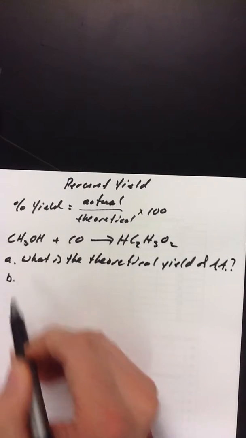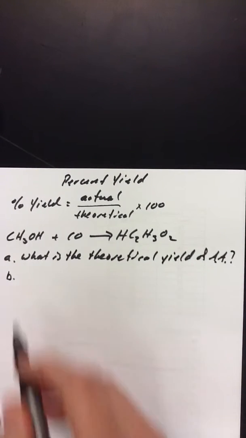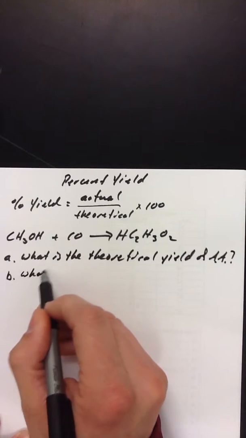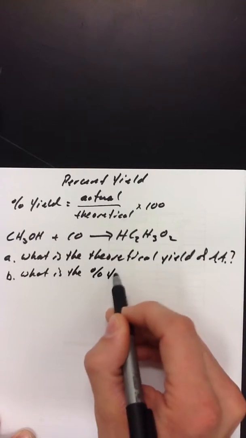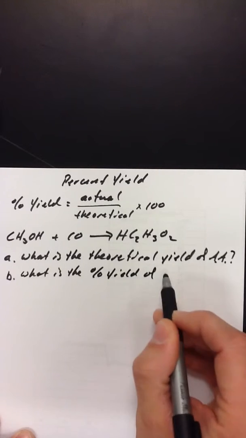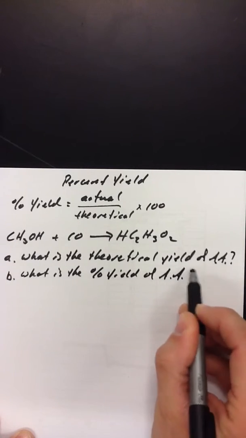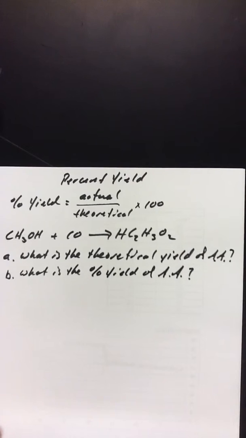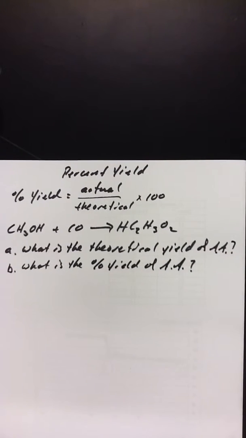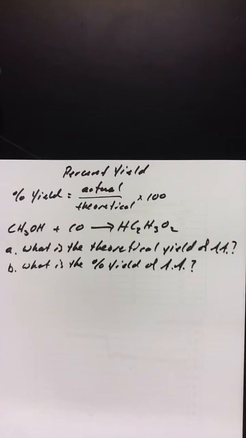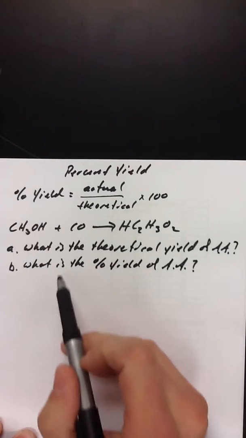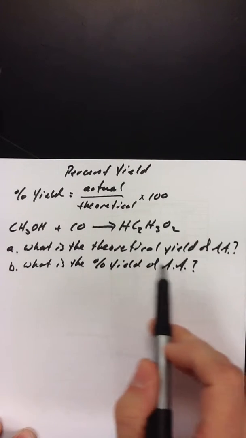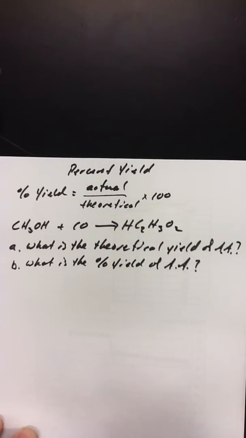And part B, or the second part of that question, is what is the percent yield of acetic acid? Now, in order to do that, we are going to need another piece of information, and that's actually given to us. But what we need to do first is figure out the theoretical yield of acetic acid.